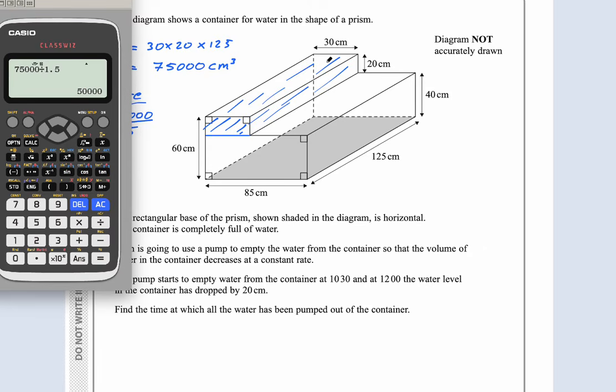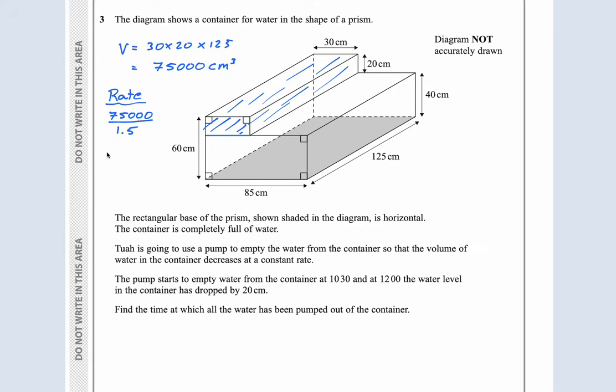Okay, so the rate is 50,000 centimeters cubed per hour. And it says it's decreasing at a constant rate, so we can assume that this stays the same for this whole journey.